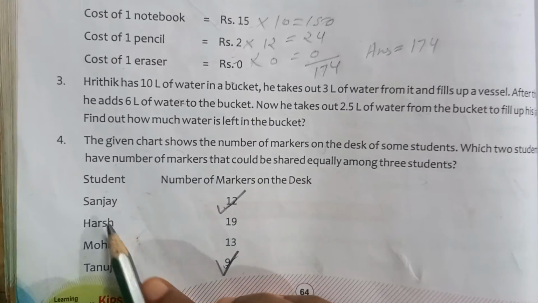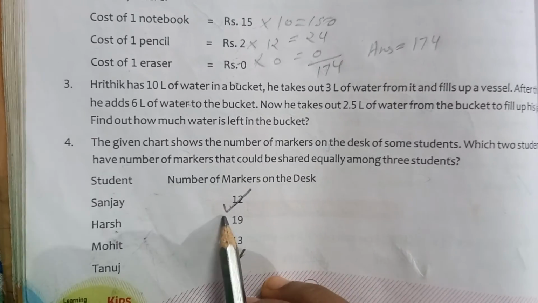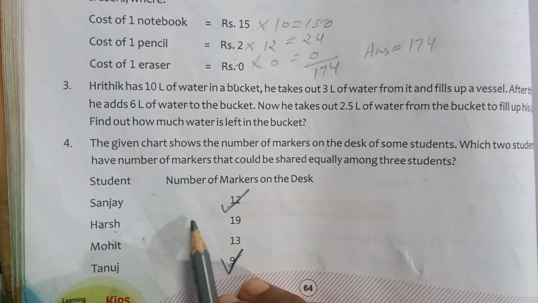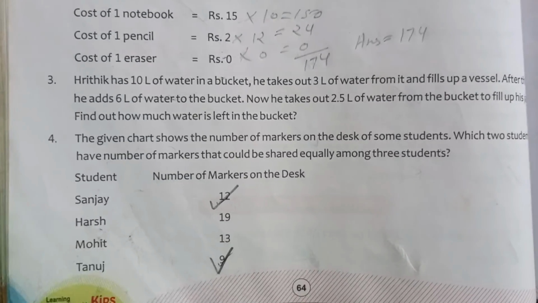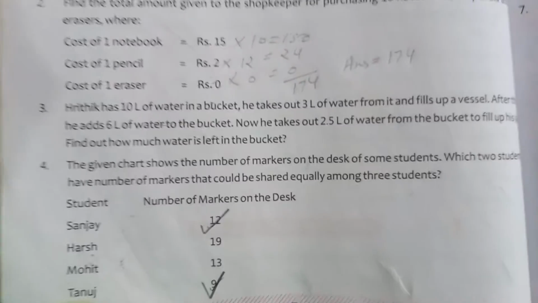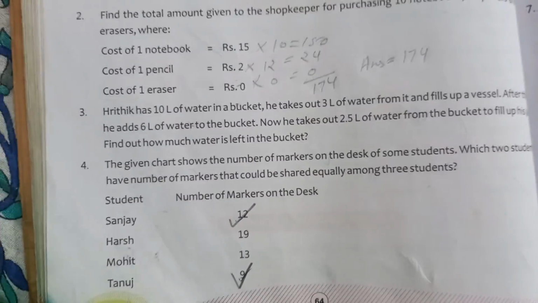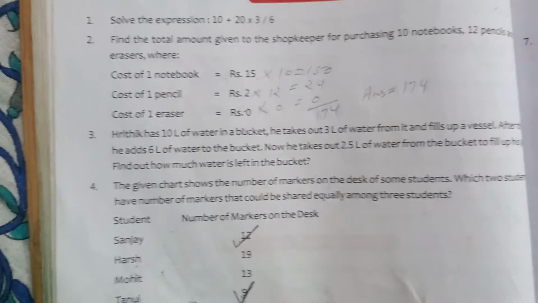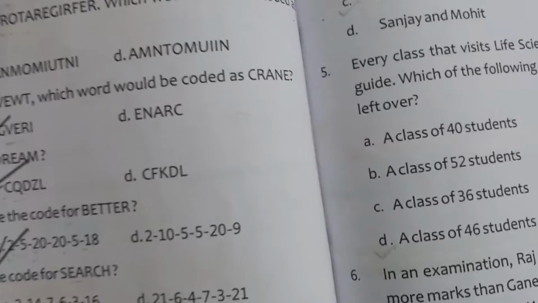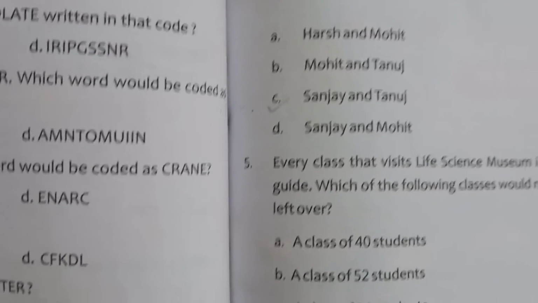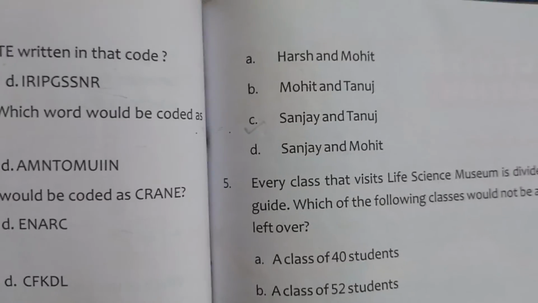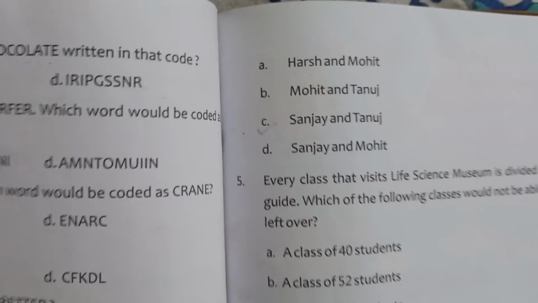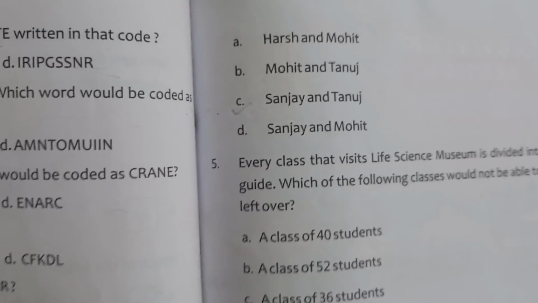Then Tanuj and Sanjay distribute among the 3 students. Sanjay 12 and Tanuj 12. Answer is Sanjay and Tanuj. They will share the markers on the desk among the students.